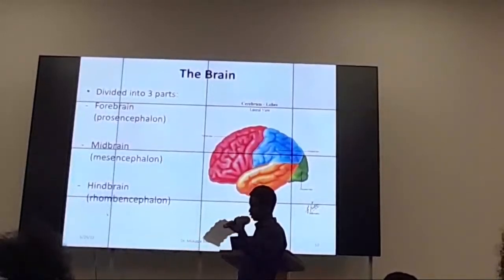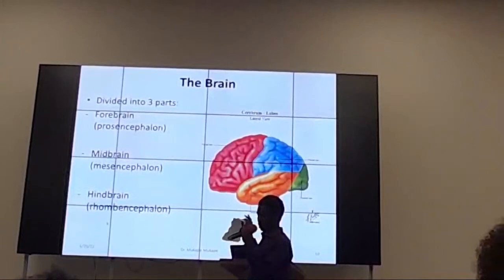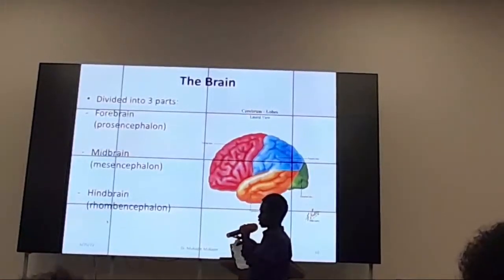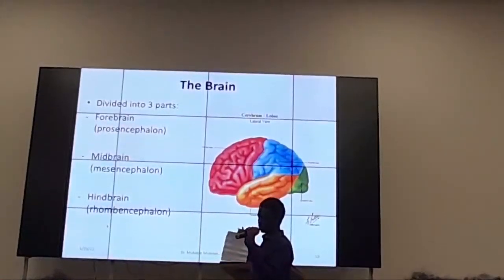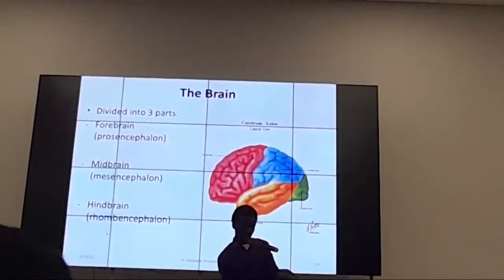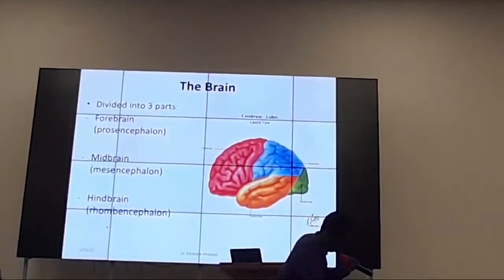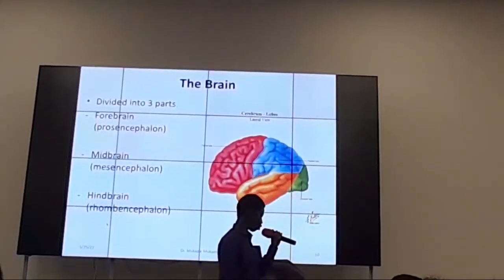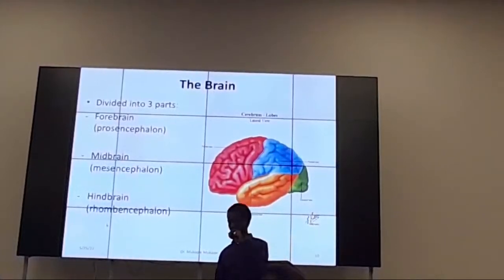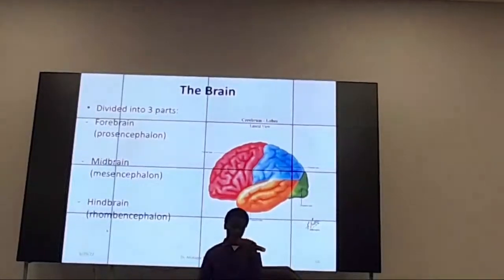That's exactly what the cerebrum has, these gyri and sulci. We call them gyri, elevations, and sulci, depressions. The presence of gyri and sulci increases the surface area of the cerebrum to accommodate more neurons. Imagine trillions of neurons are in the cerebrum.